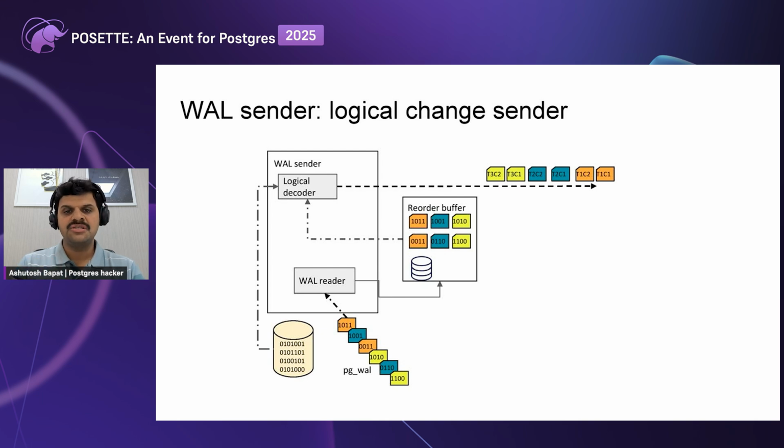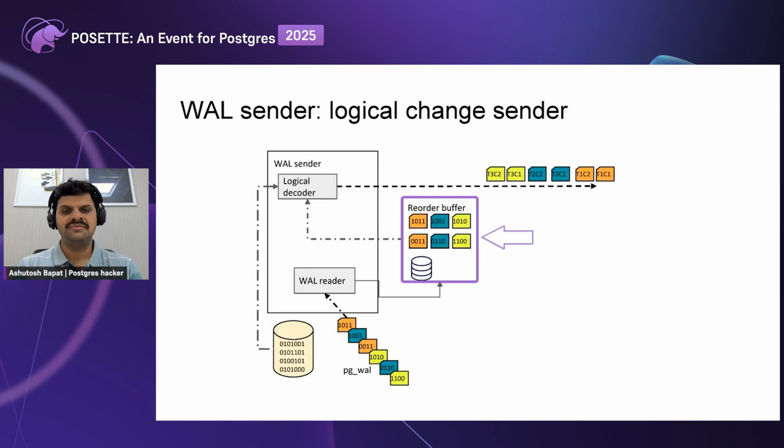For this to work, we reserve an area in memory called the reorder buffer, where we segregate the WALs by transaction. As we can see, there are three transactions here: orange, blue, and yellow. And in the reorder buffer, their WALs are segregated.